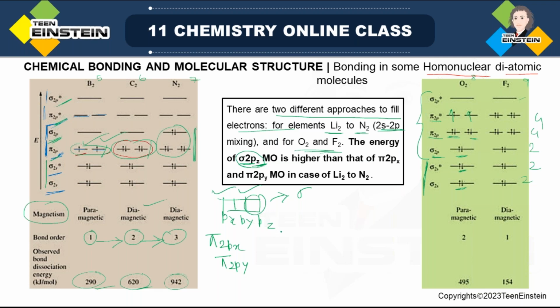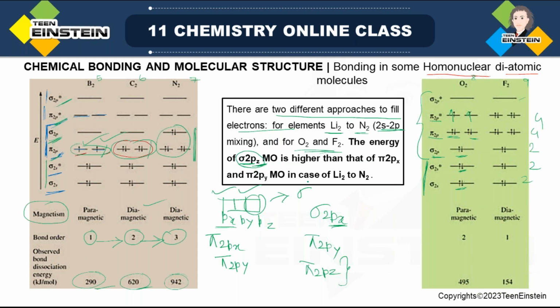But suppose the sigma bond is formed along the x axis, then it will be sigma 2px. So it may vary from diagram to diagram. In different books you can also find different conventions, but it doesn't matter. You just have to be sure which axis is used for sigma. If x is used for sigma, then obviously pi will be 2py and 2pz. But in this case, sigma is considered along the z axis.